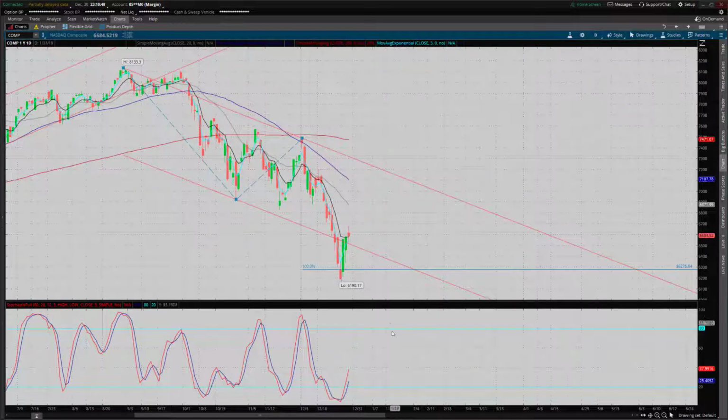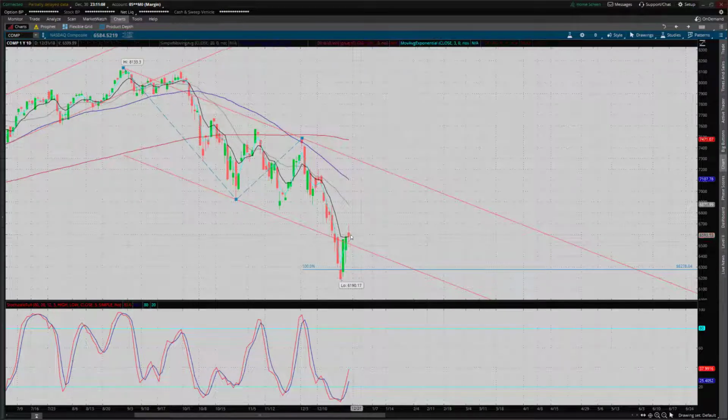But if we get another wave down on the smaller time frames here, that'll certainly change, and we might get closer to that 1.618 relationship to the downside. But so far, it's basically bouncing off that equality relationship, roughly a little below it.